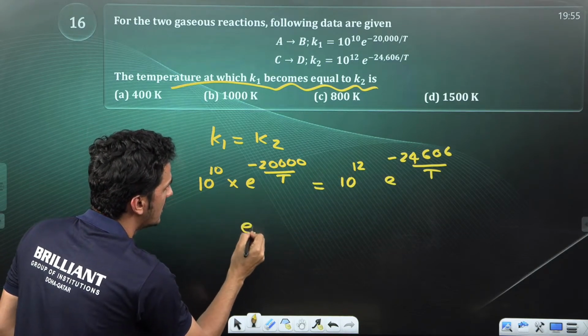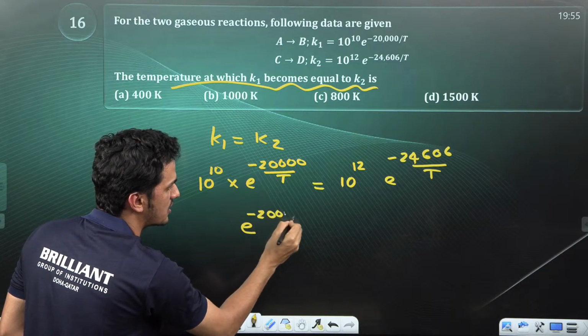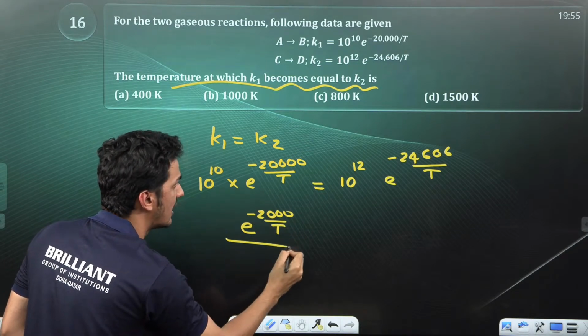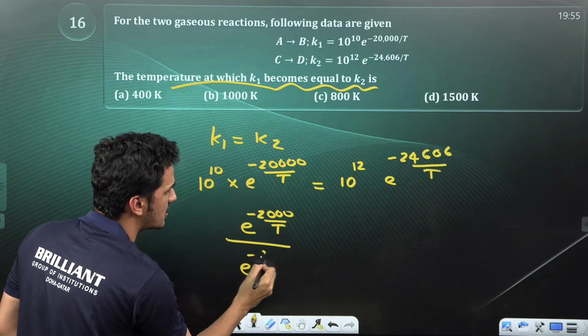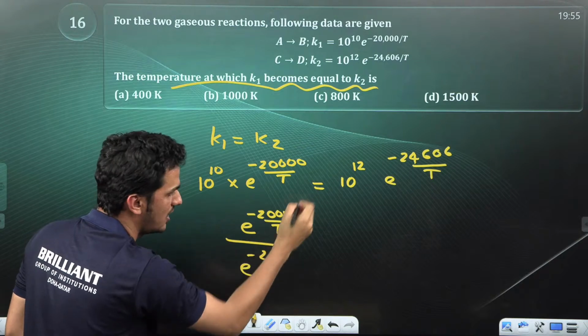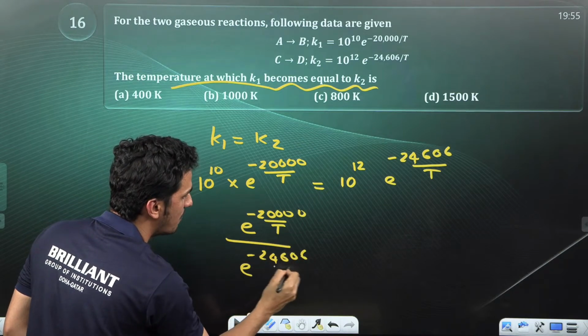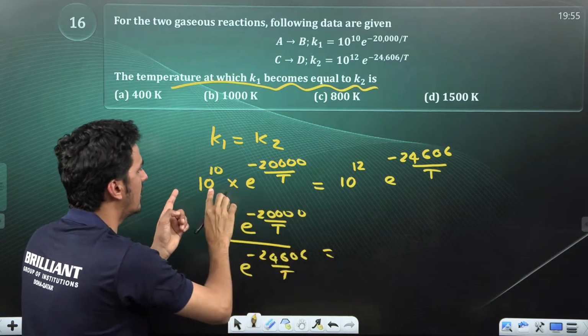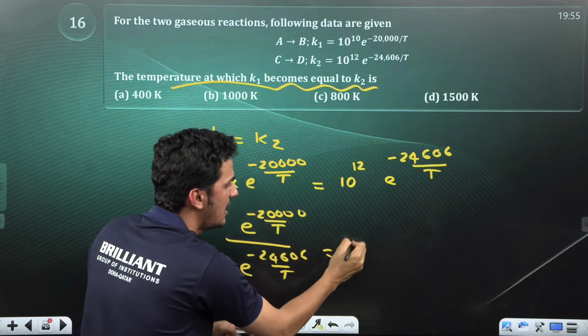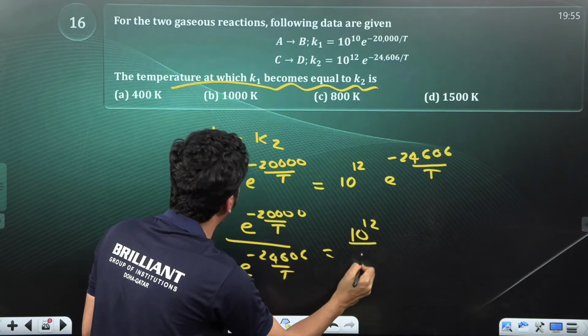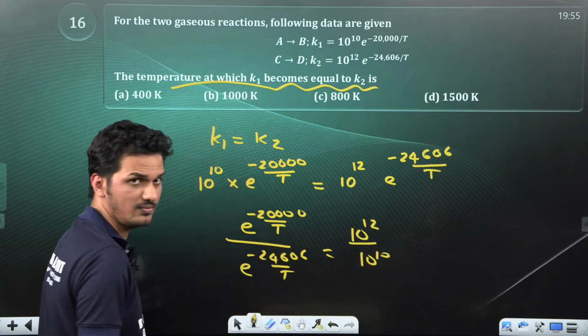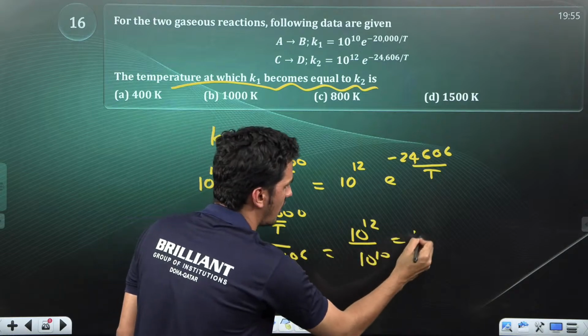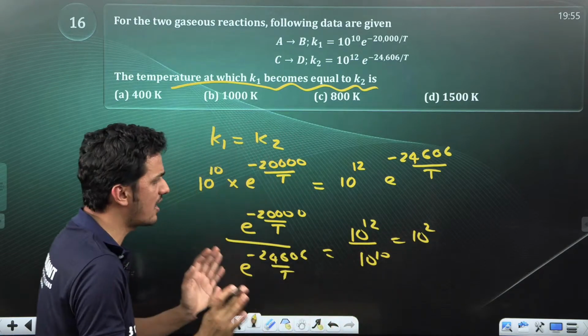So it becomes e raised to minus 20,000 by T divided by e raised to minus 24,606 by T, which is equal to 10 to the power 12 divided by 10 to the power 10. That's equal to 10 square, that means 100.